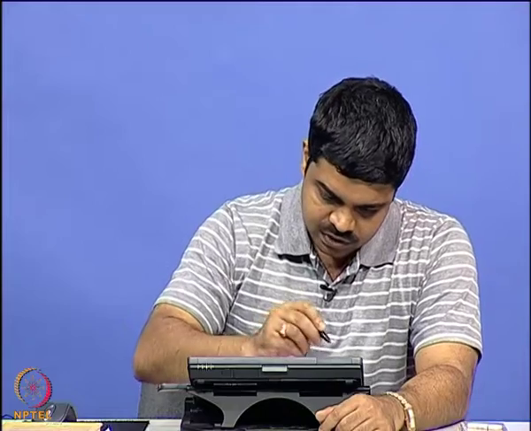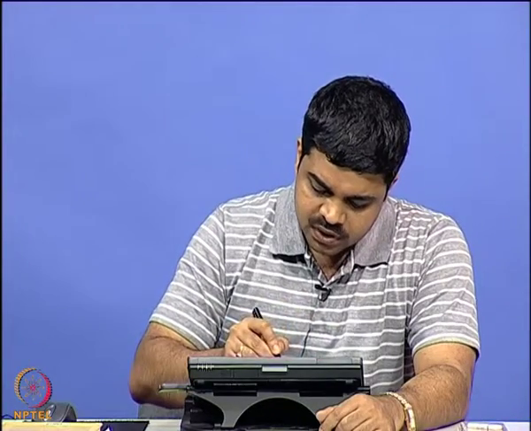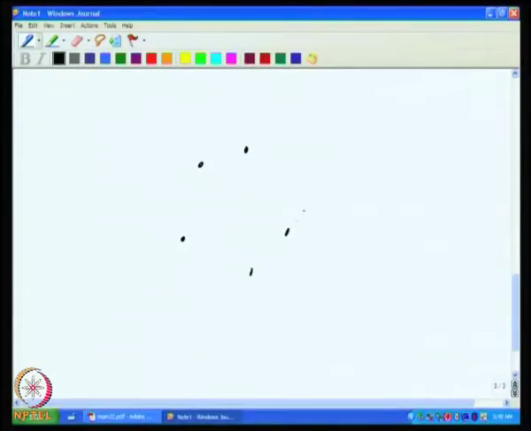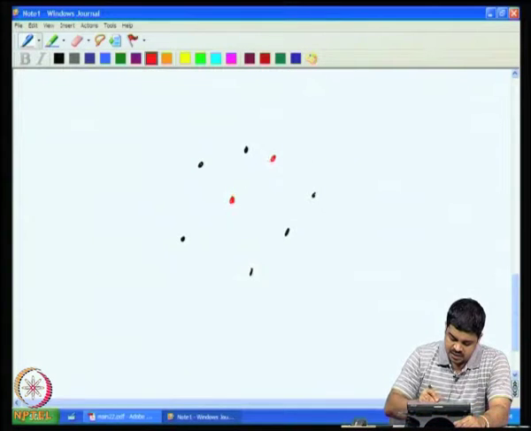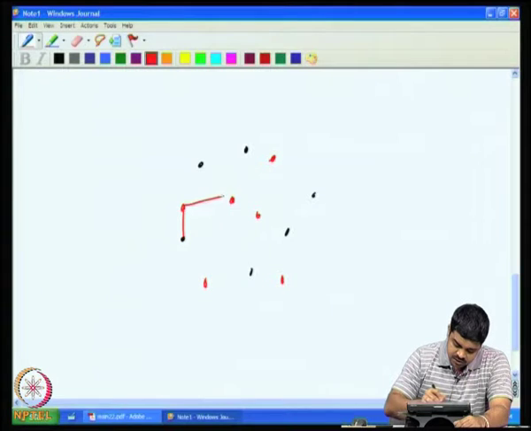For instance, if you look at two colors, say black and red, we should not see a cycle of this sort.